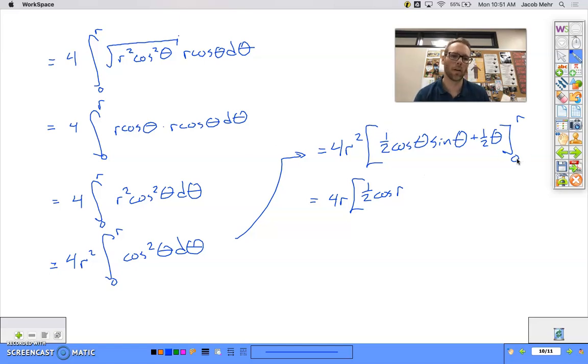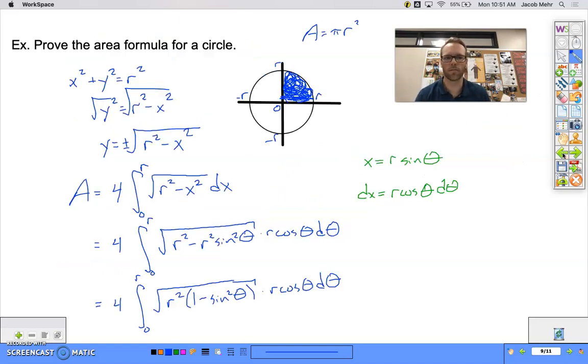When we changed our variables, and I warned you guys about this a lot way back, even before our last test, our variables here were for x equals 0 to r. But then we changed our variable to theta. So we need to change our bounds to theta bounds.